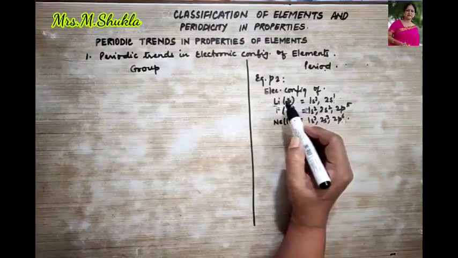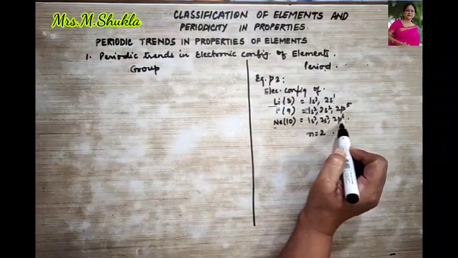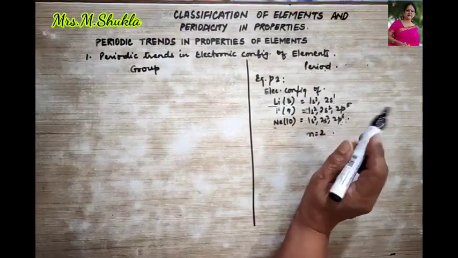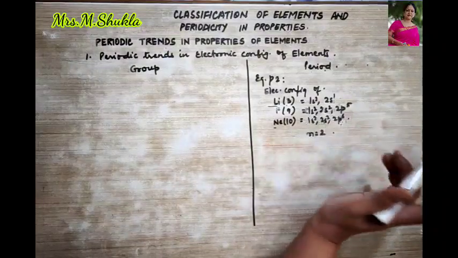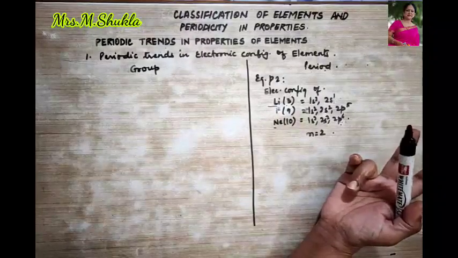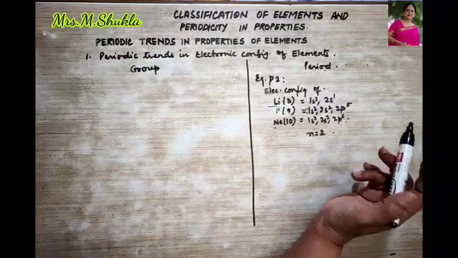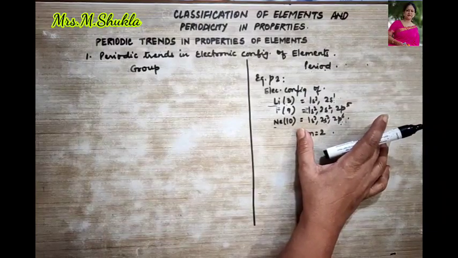So in a period we start from an alkali metal and we end up with a noble gas. Clear? In period 1 we start with hydrogen and end with helium, so there are only 2 electrons present in the first period. I hope this much is clear about the electronic configuration.